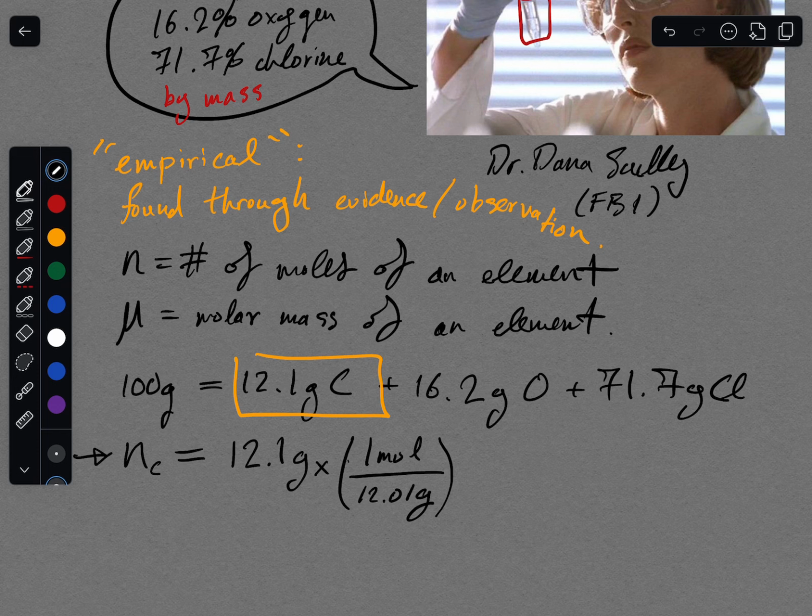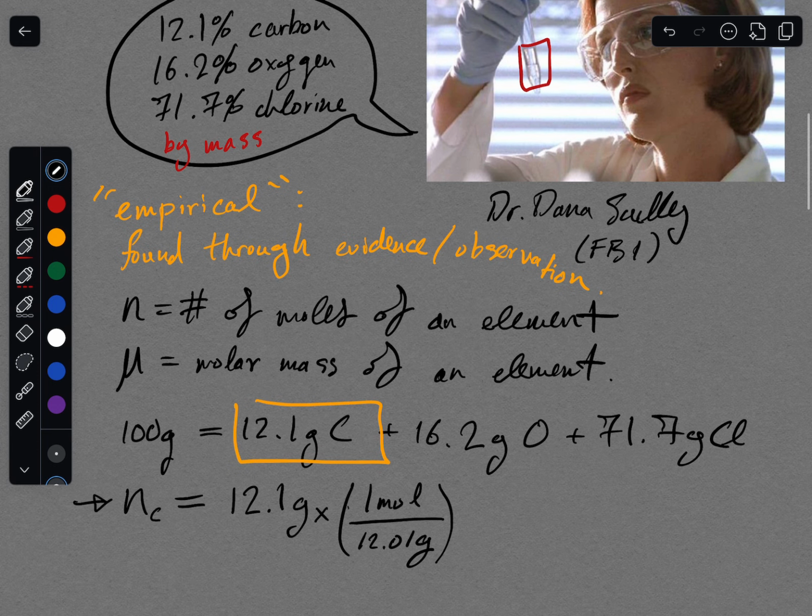Okay. So this will give me the number of moles in this correct ratio here. So I'm actually going to end up with something very, very close to 1 because I'm going to have 12.1 divided by 12.01. Now the grams wonderfully will cancel and I'll be left with moles.